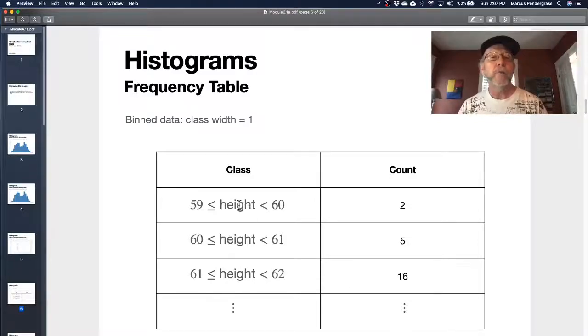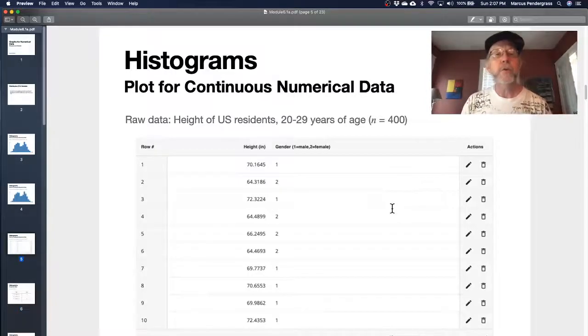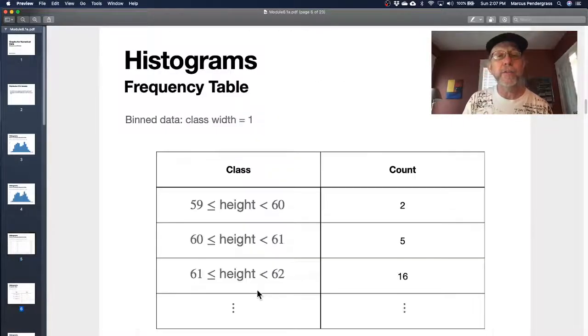That is, for each class, you simply count the number of individuals in the original data set that fall into that class. So that would involve going back and parsing through your data and counting the number of individuals whose heights fall into each of these classes.